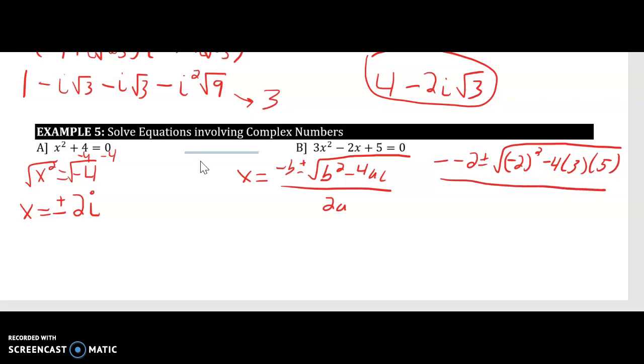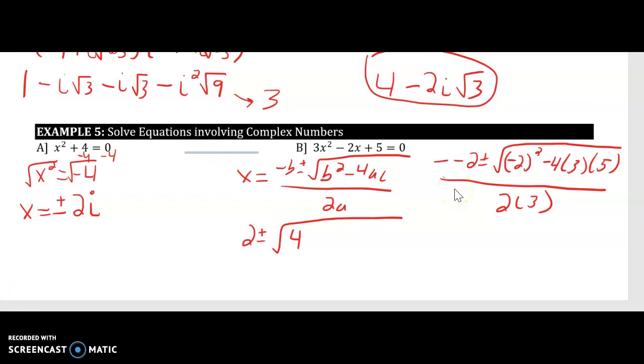And that's all over 2 times 3. So, negative 2 is positive 2. Don't forget your plus or minus. Still got our big square root. This is going to be 4.